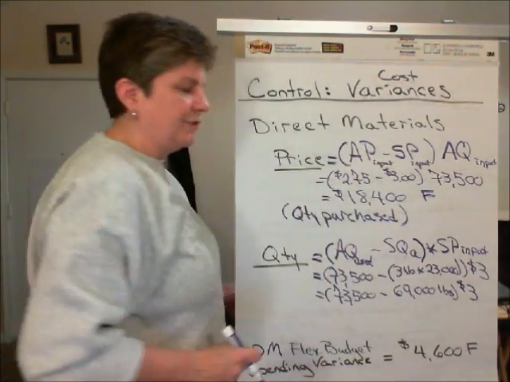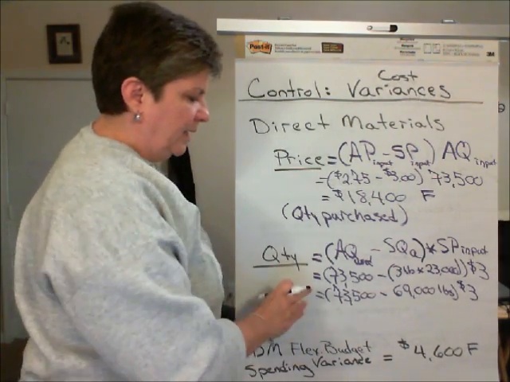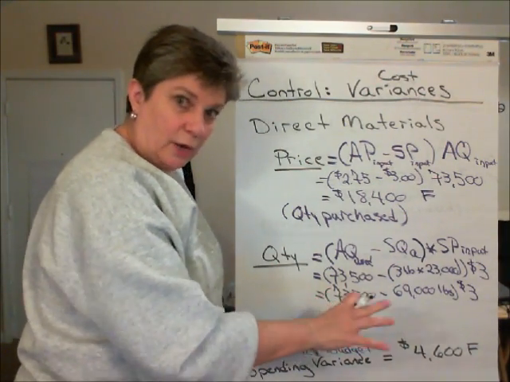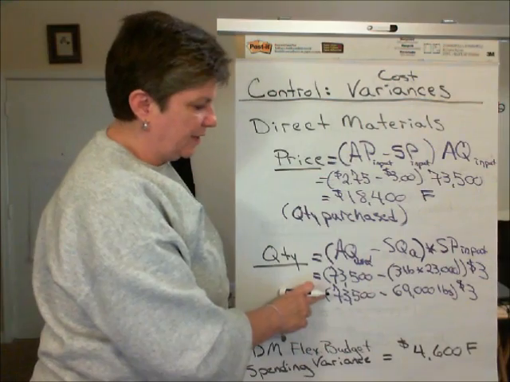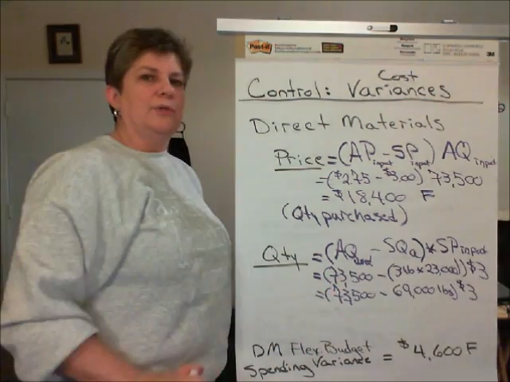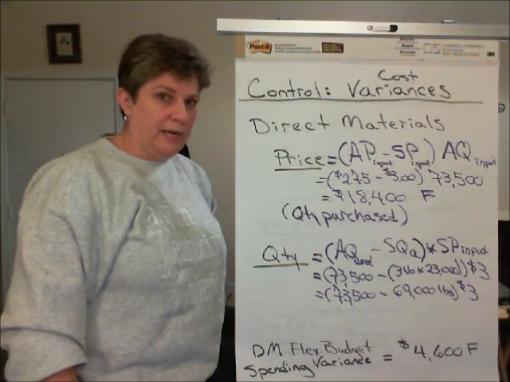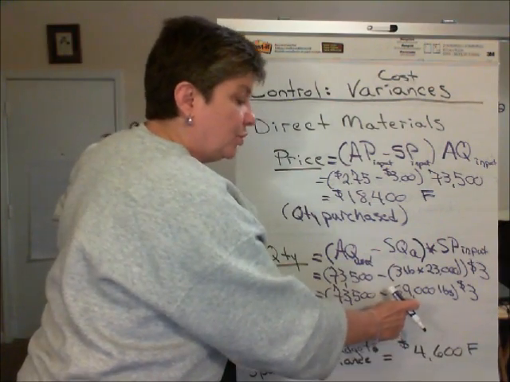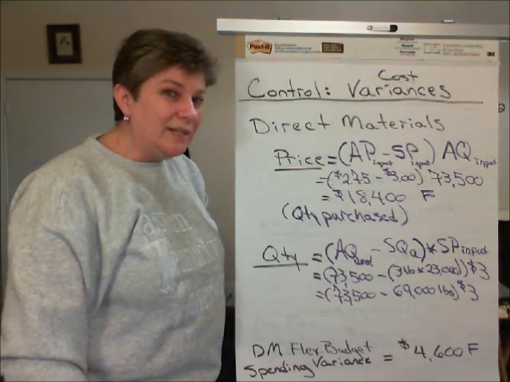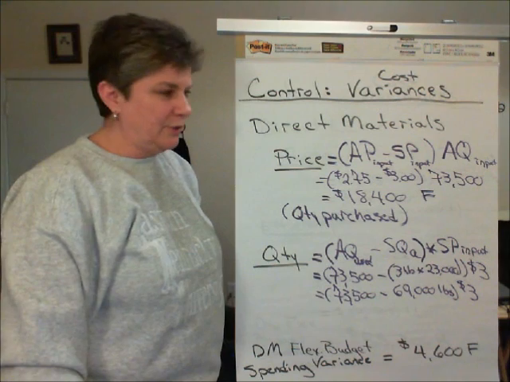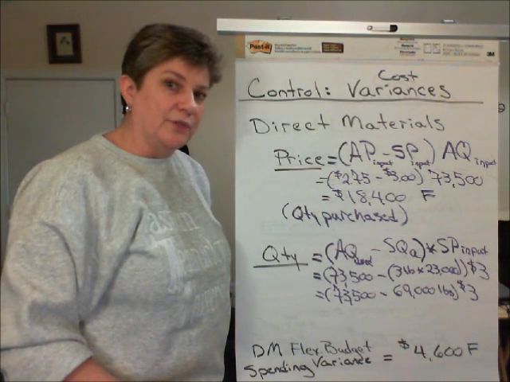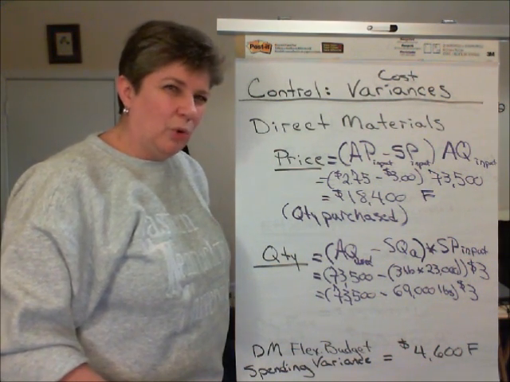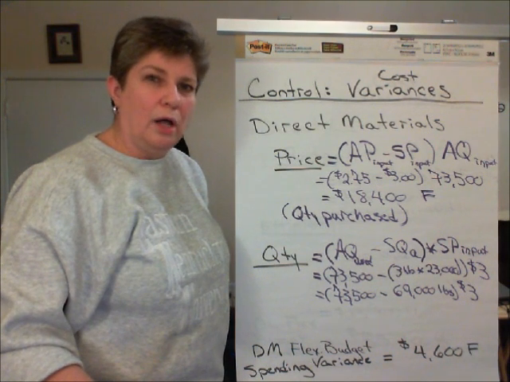And again, that difference is going to be multiplied times 3. So before we total the dollars out, let's look at this. We actually used 73,500 pounds. We should have used only 69,000 pounds to produce those 23,000 units. We used a whole lot more materials than the standard called for.